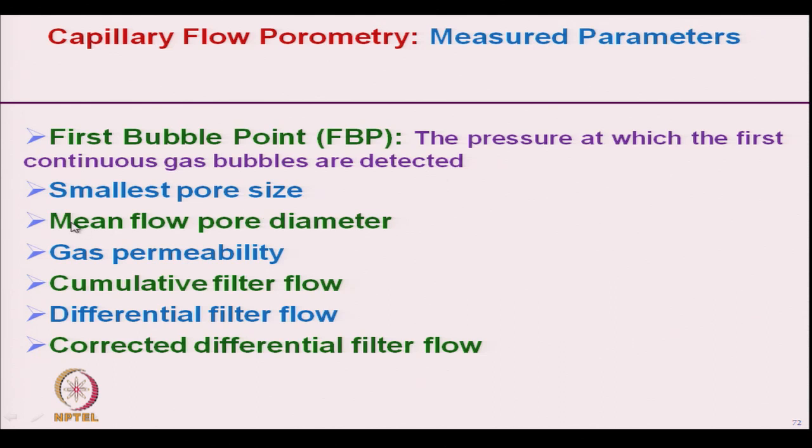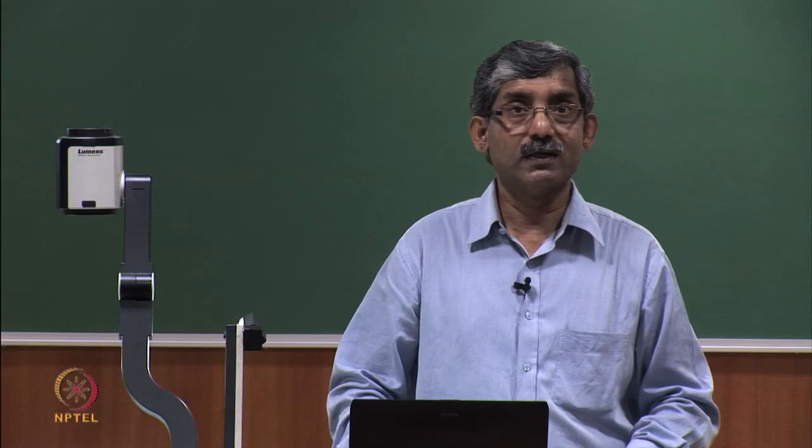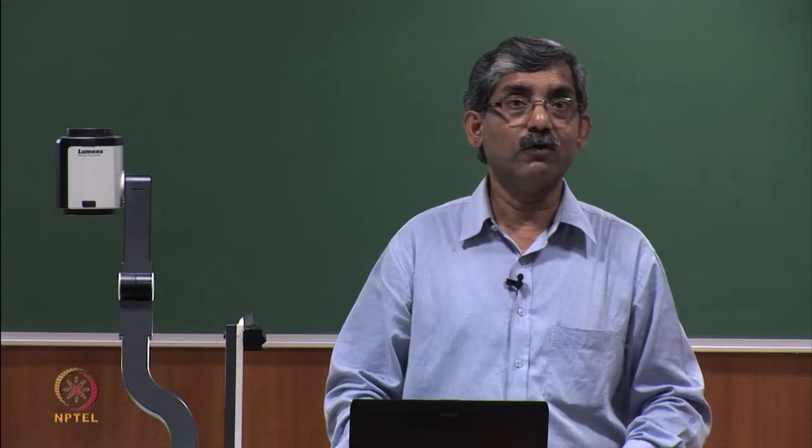Then we can calculate the smallest pore size, mean flow pore diameter, gas permeability, cumulative filter flow, differential filter flow, corrected differential filter flow. So, all these parameters can be measured using capillary flow porometry.